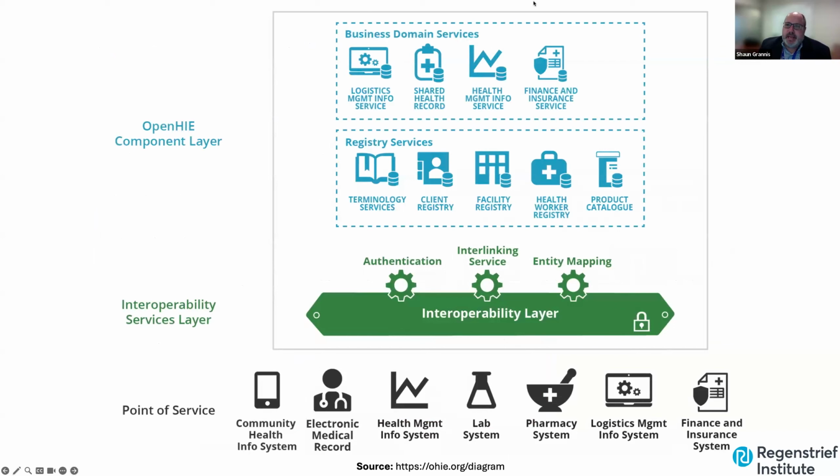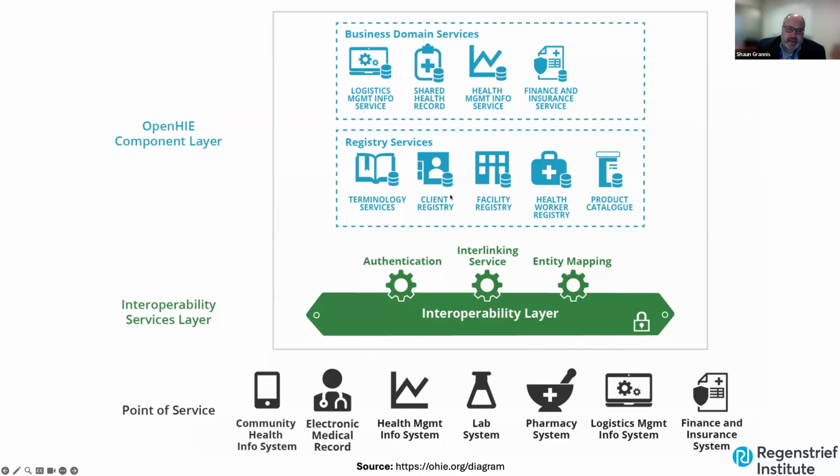So you've heard the basic domains that we want to standardize in. I don't know about you, but I'm a very graphical learner, so this has always helped me. Here you can see where the client registry sits within the infrastructure. We have on the bottom, just to orient you, the various point of care service functions, from labs to logistics to finance, etc. They interact with the architecture through an interoperability layer that then interacts with the client registry.